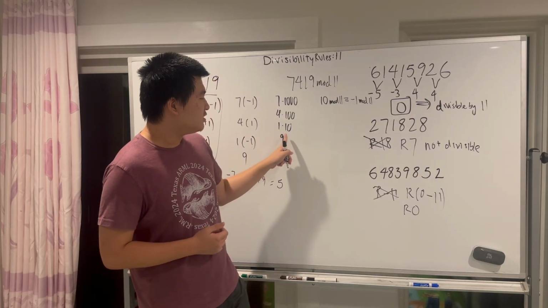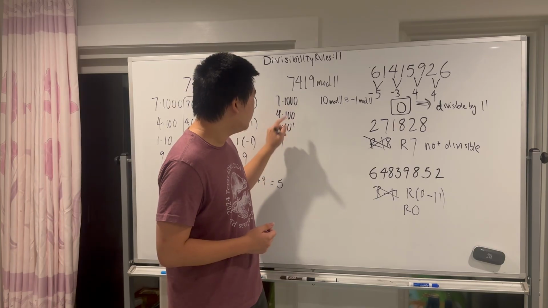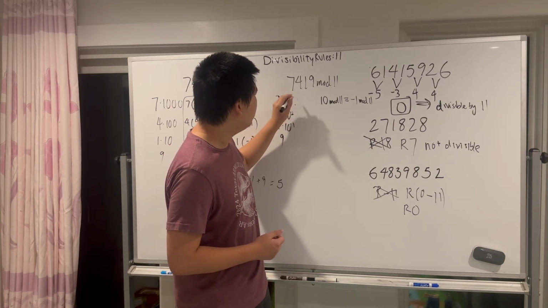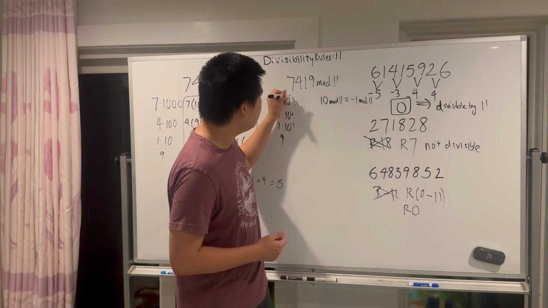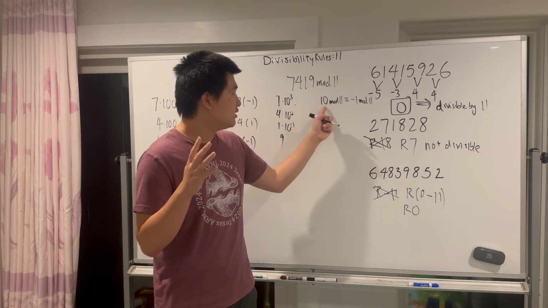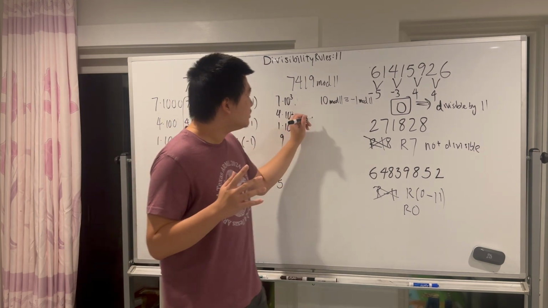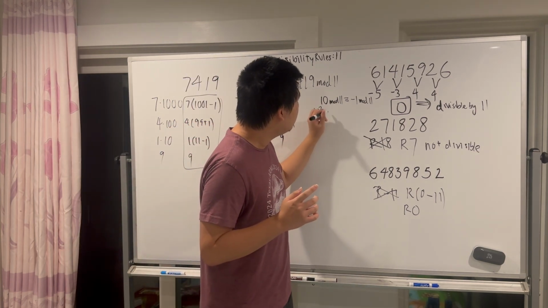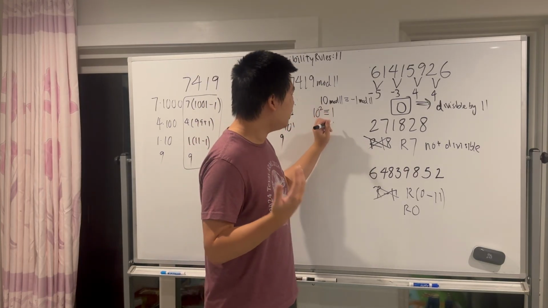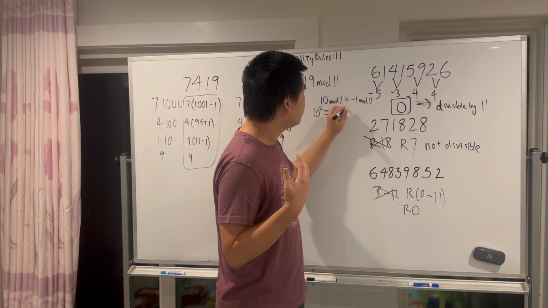Then, this is 10 to the power of 1, this is 10 to the power of 2, this is 10 to the power of 3, right? So, the next thing we do is raise this to powers. So we get 10 squared is congruent to -1 squared mod 11. But -1 squared is just 1.